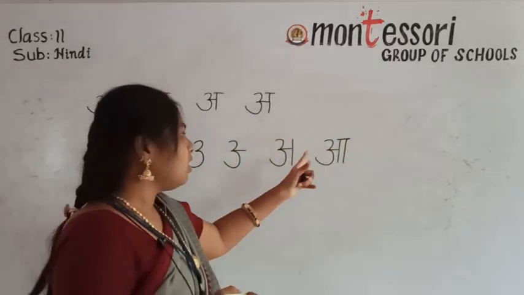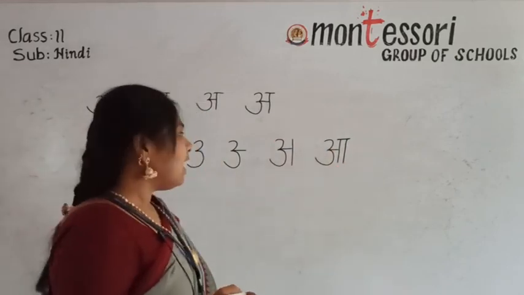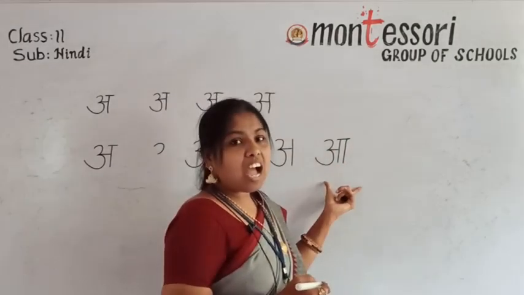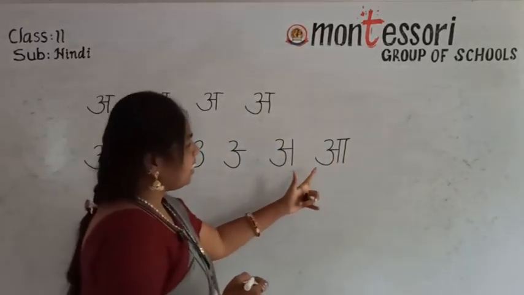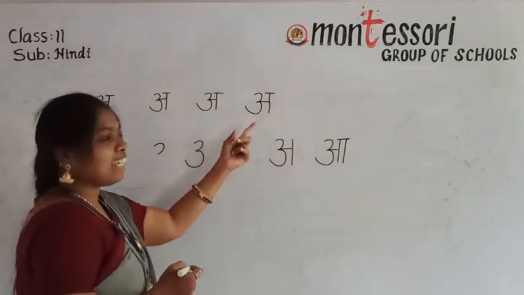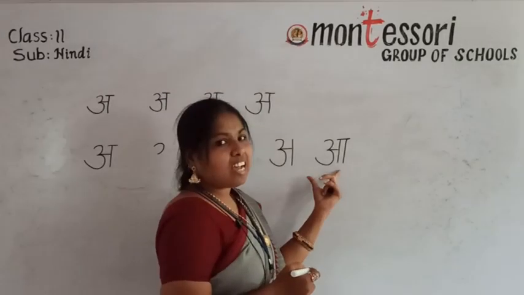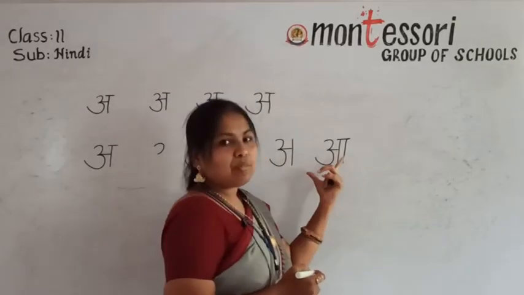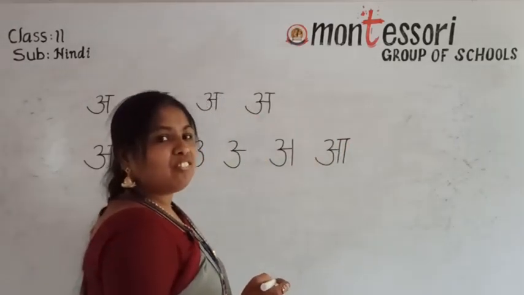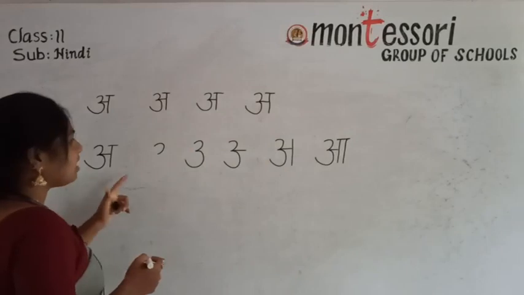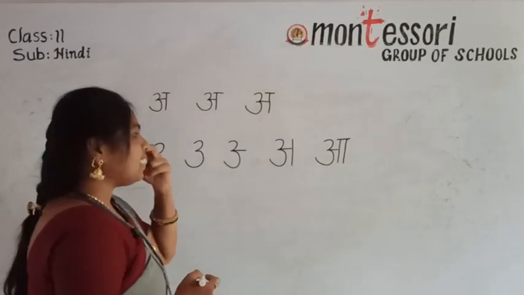Slowly you have to give the line. Understand children? That will become A. What is that? A, with 2 standing lines. See, in the first one only one line is there. In the second A, how many lines? Here 2 standing lines, completed with the header.